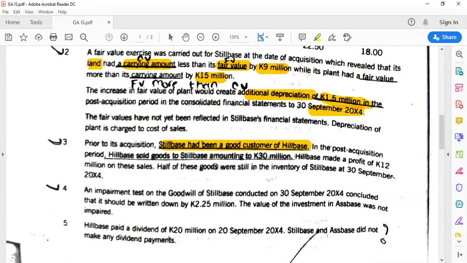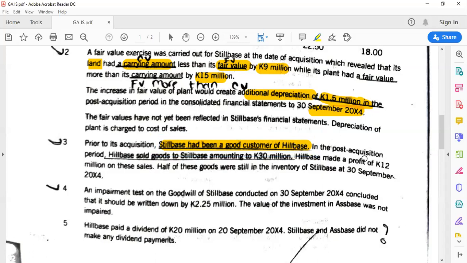Which means that URP will not affect the net assets. And realized profit will not affect the net assets because it is the subsidiary who is buying from the parent. But if the parent was buying from the subsidiary, the URP was going to be included in the net assets list at acquisition.